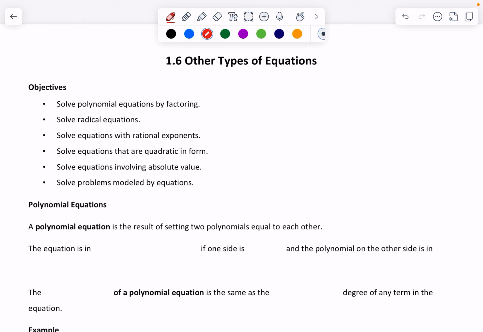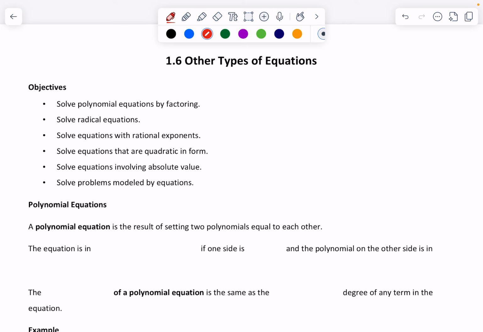Hello. So now we're going to continue on to lesson 1.6, other types of equations. At any point during this video, if you need to, please pause the video and then restart after you're done figuring things out. You can even do that with the examples, before you see how they're worked out.